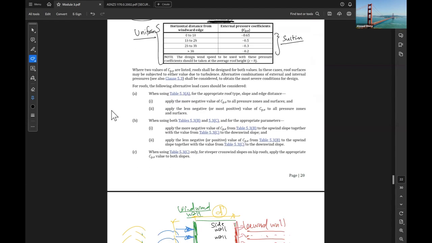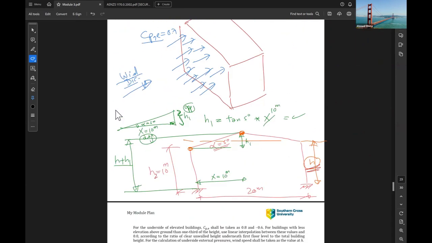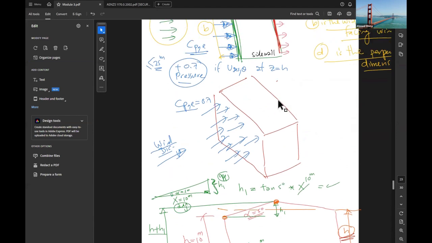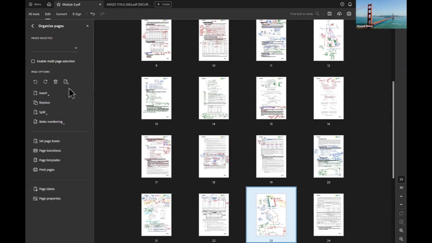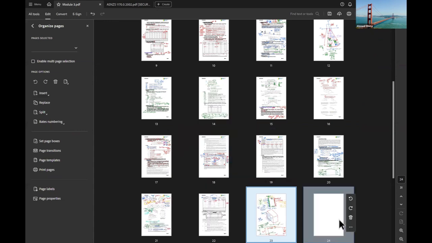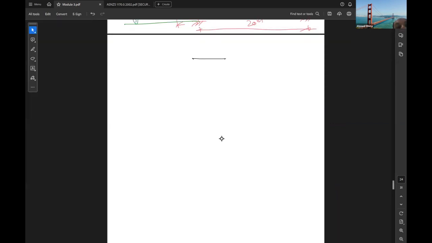So what does this mean? Let me create a new one. If you look at the table, we already have our building.